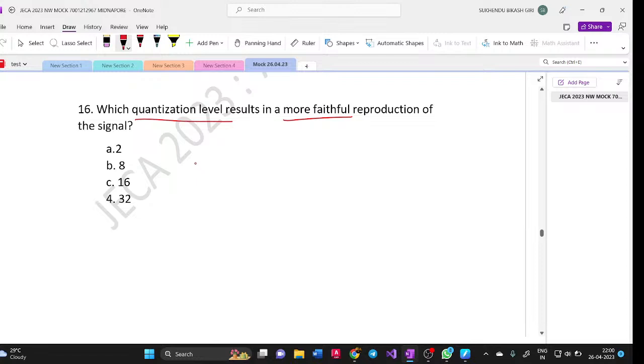What will be the answer? Option D, 32. Next.